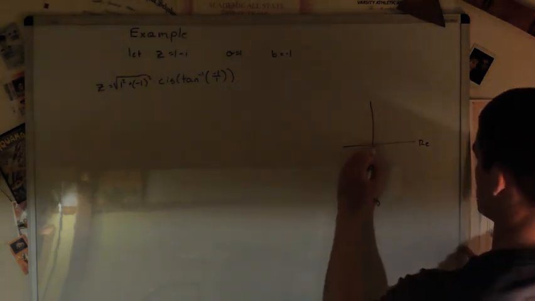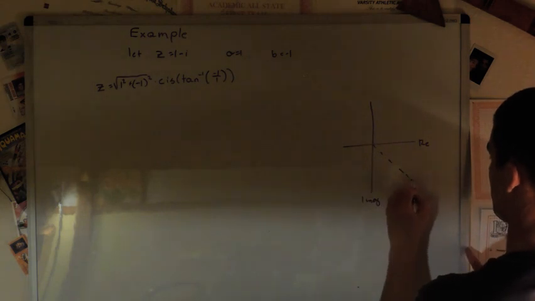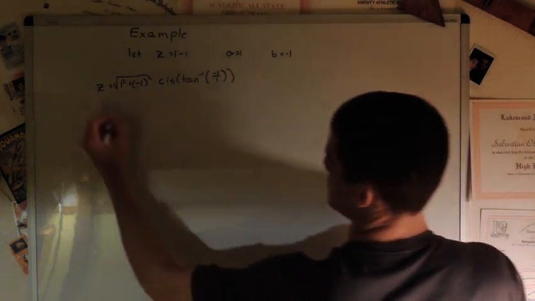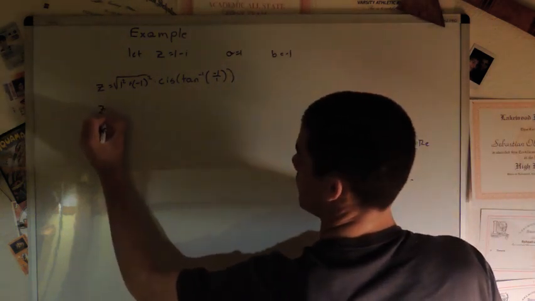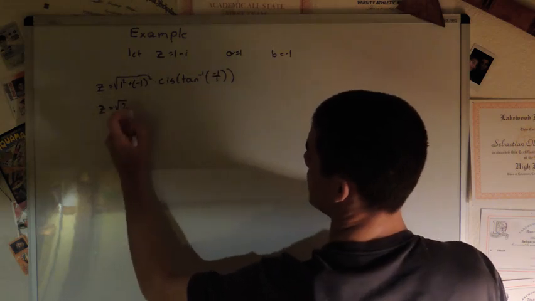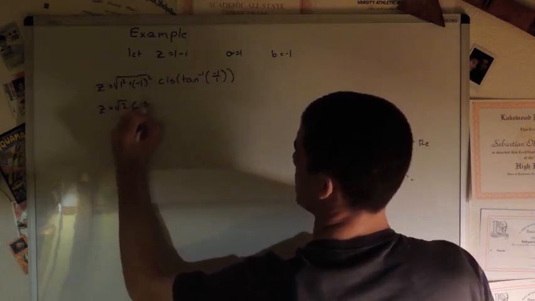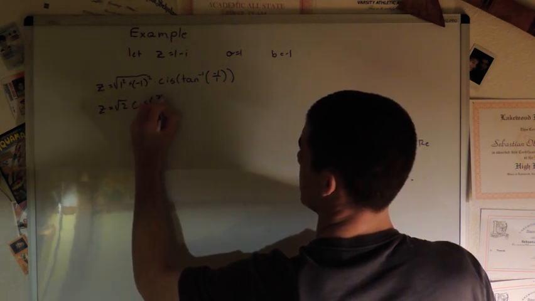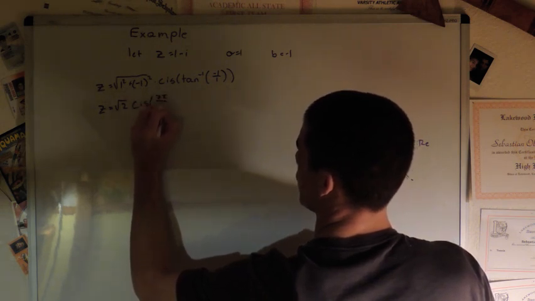So tangent is negative 1 at 7 pi over 4. So z is going to equal square root of 2, 1 plus 1, cis of 7 pi over 4.